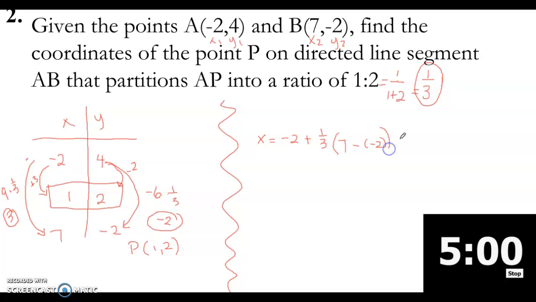And if you plug all of that in, you'll get +1. Y equals y1 plus the fraction, y2 minus y1, plug all of those in, you'll get 2. You'll get the exact same answer. So either method will still give us that coordinate P is 1, 2.